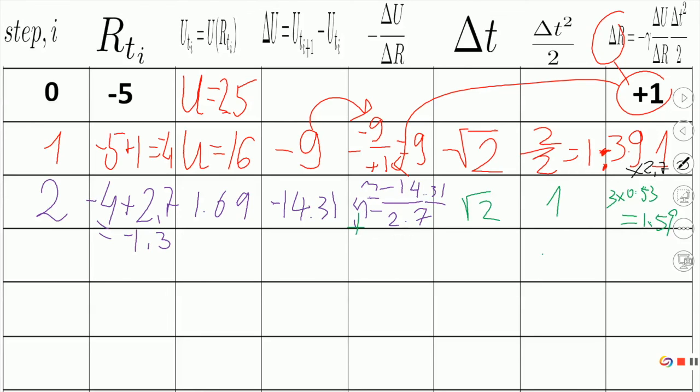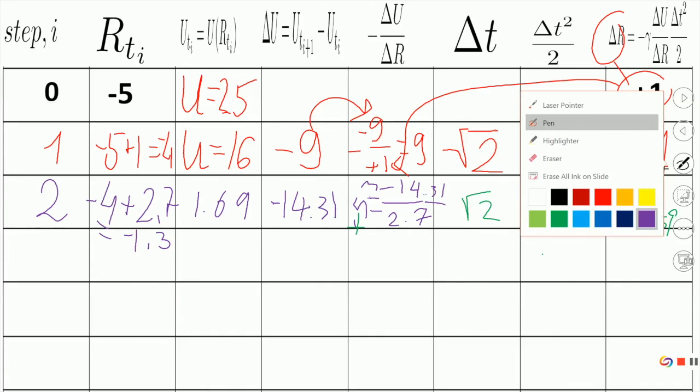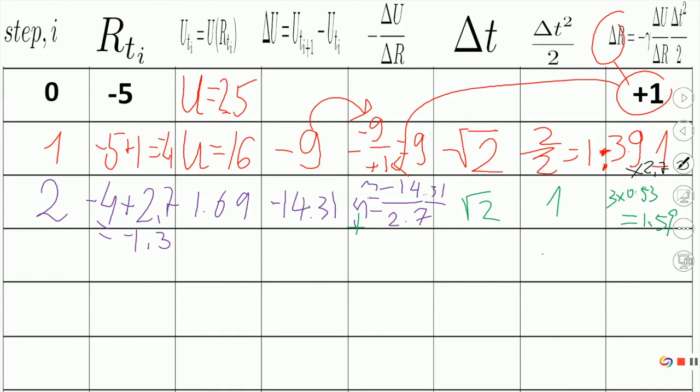Can you help with the next step? I feel this one is for you because it is easy. So the previous step was minus 1.3, and then we have plus 1.59. Okay.